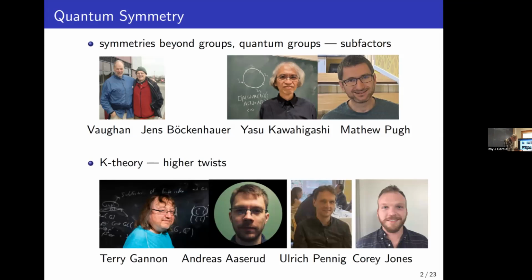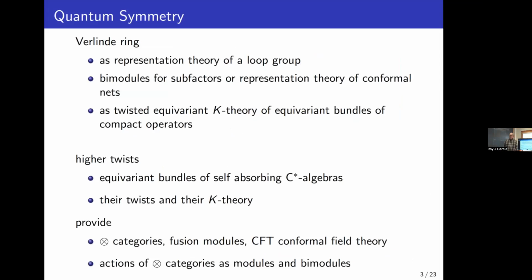Okay, so subfactors and K theory. The connection with conformal field theory: the fundamental object in conformal field theory is, say, the Verlinde ring of one chiral half of a full conformal field theory. Mathematically, you can think of it as coming from, say, the representation theory of a loop group at some level.